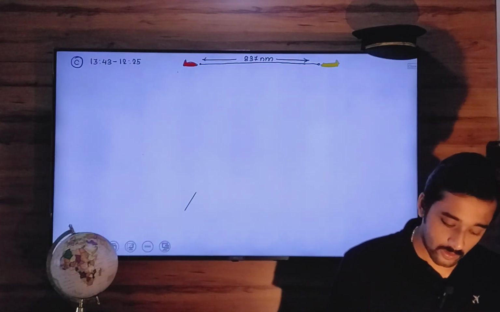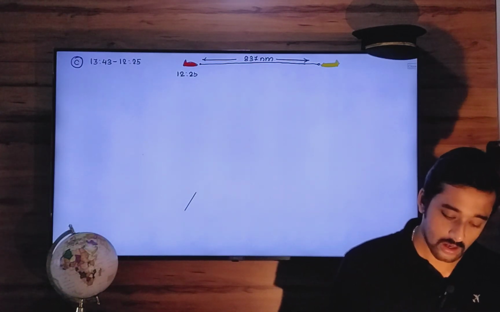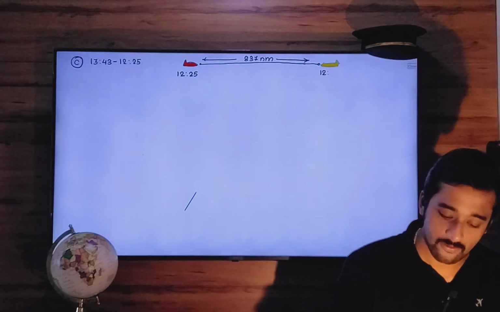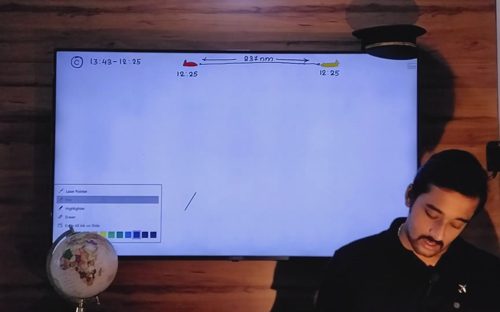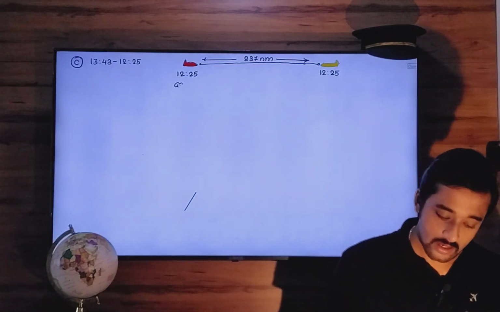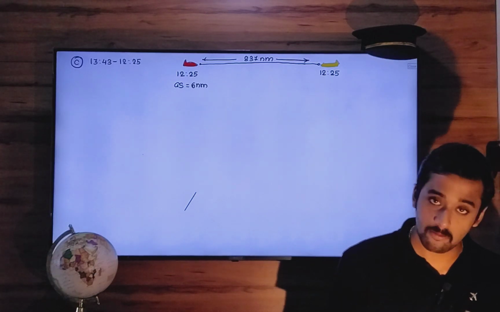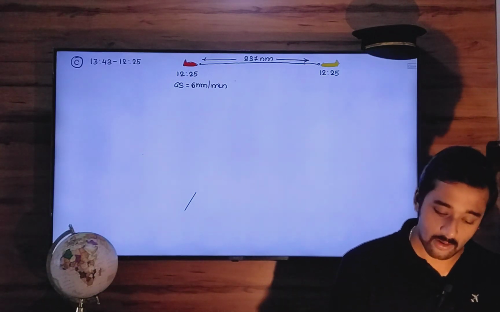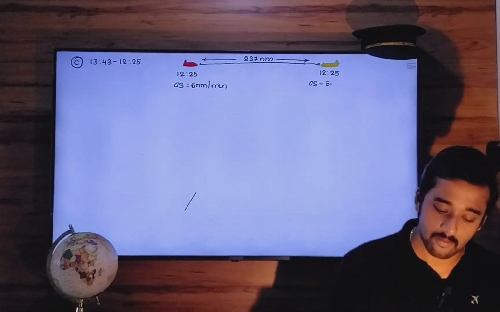Starting time 12:25. Ground speed of this aircraft is 6 nautical miles per minute. Ground speed of the other aircraft is 5 nautical miles per minute.